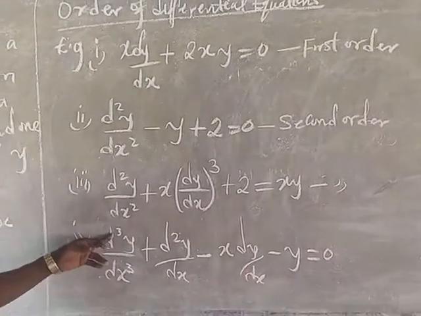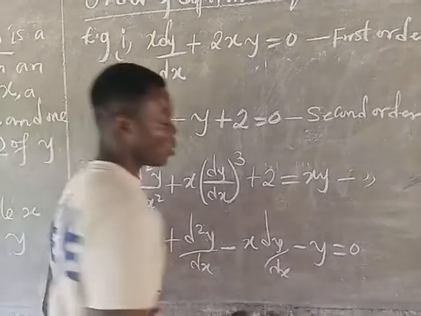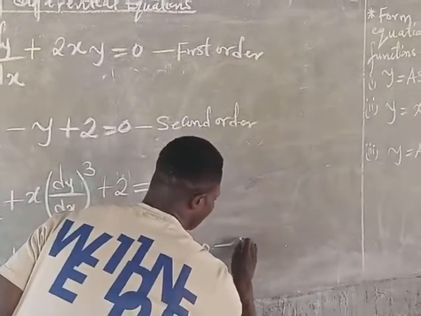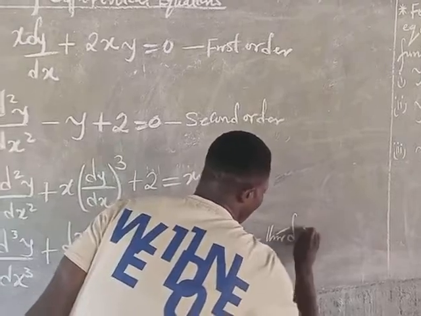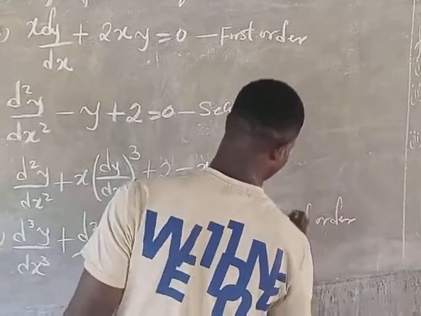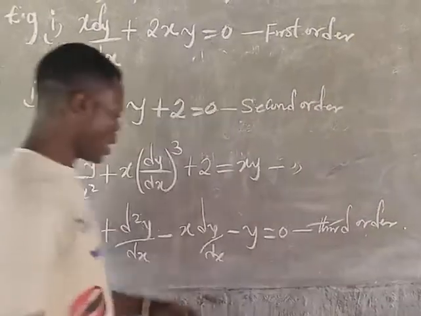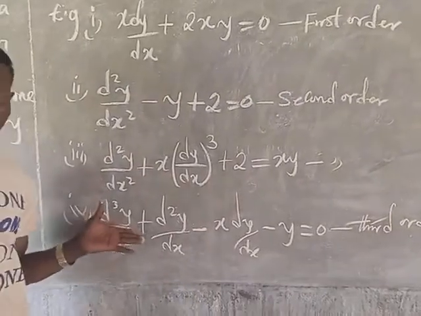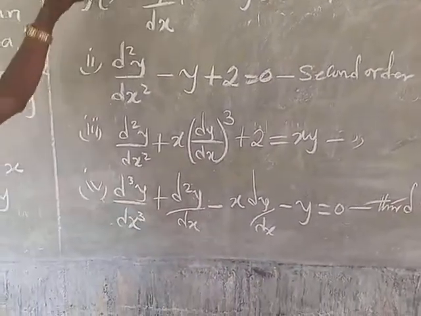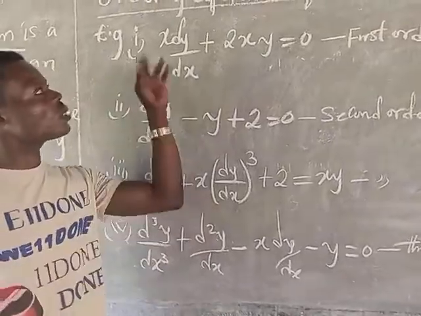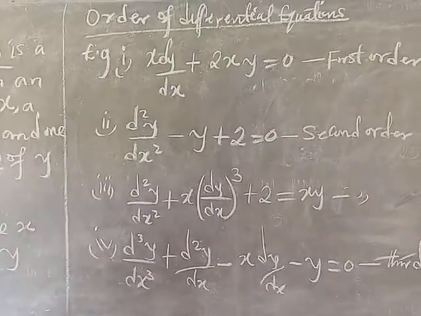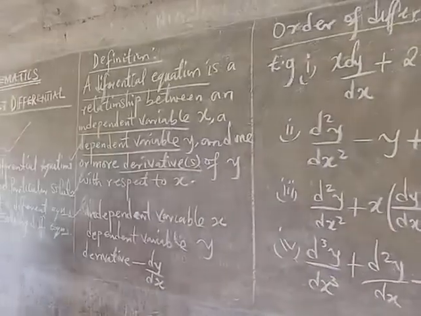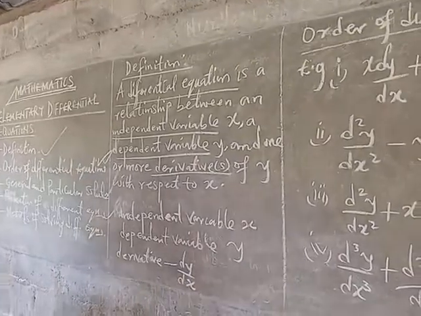This will be degree of 3, that is, third order. If you continue like that, we can have an nth order. These are what we refer to as order of differential equation. That means we are done with this.